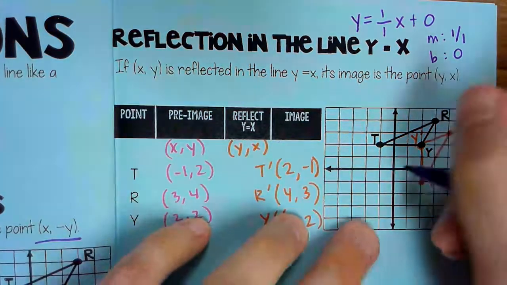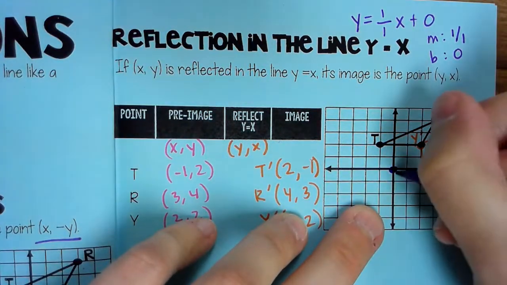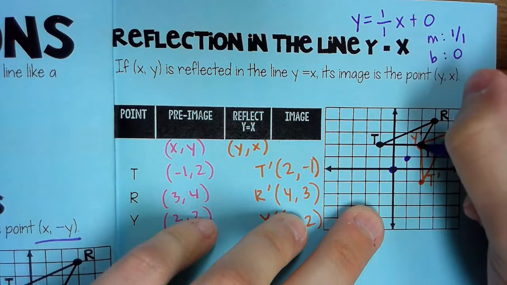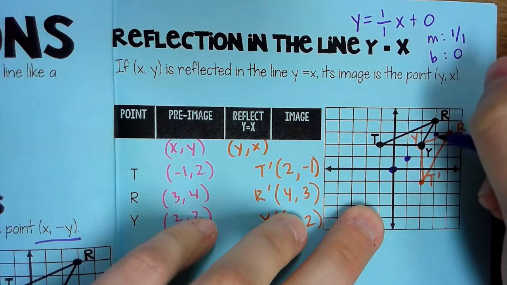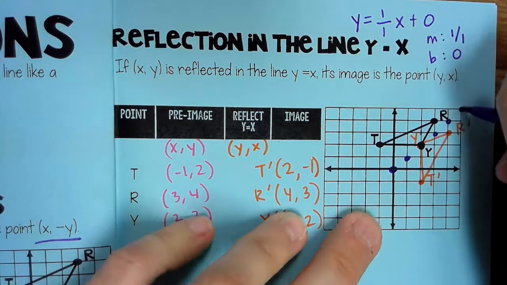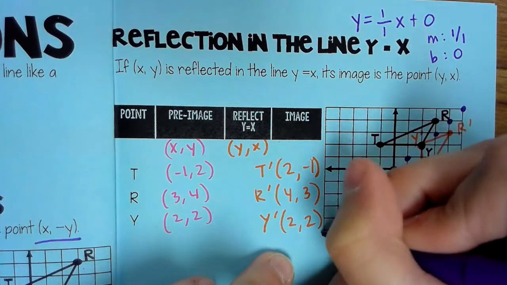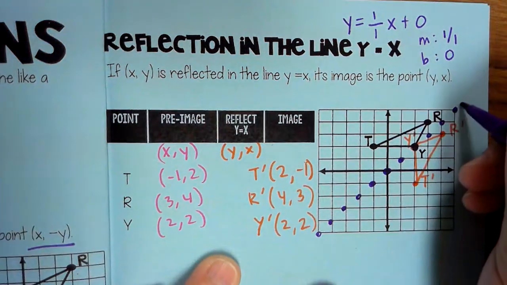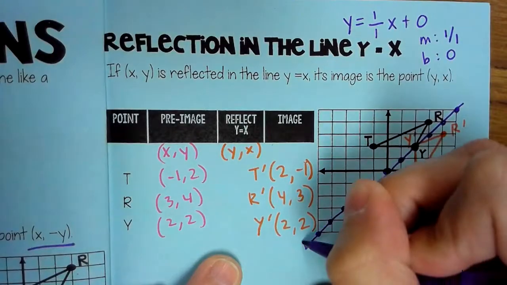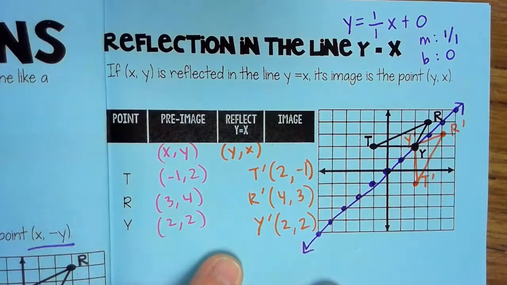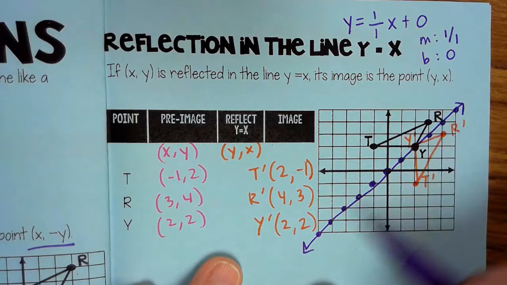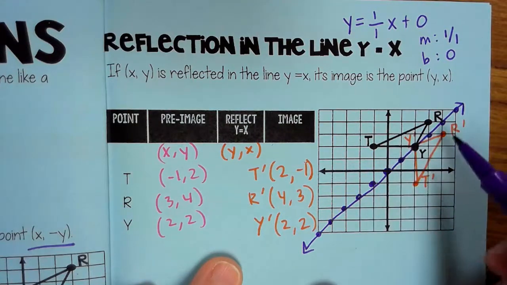So when I graph it, I would start at 0 and do rise 1, run 1. Rise 1, run 1. Rise 1, run 1. So here is my line y equals x. It was that diagonal line that goes straight through the origin on your graph. So you can see that is the line I've reflected over. If I were to fold my paper on that purple line, those points would all meet up.